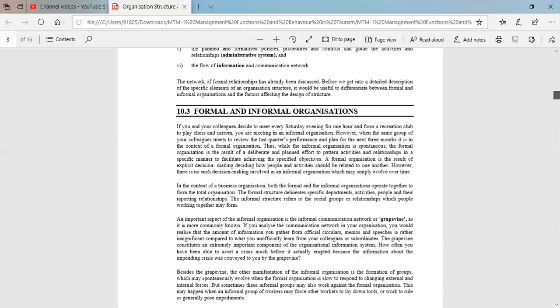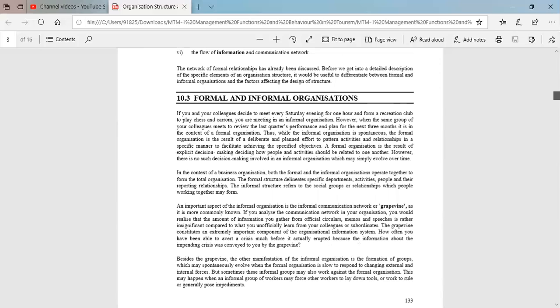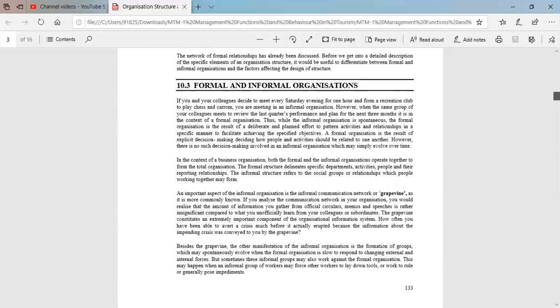So let's go to formal and informal organization. Formal organizations, in simple terms, are those organizations which are well established, those who have set rules. And informal organizations are those organizations which are not set, which do not have a clear set of rules. So here they have given an example of grapevine.